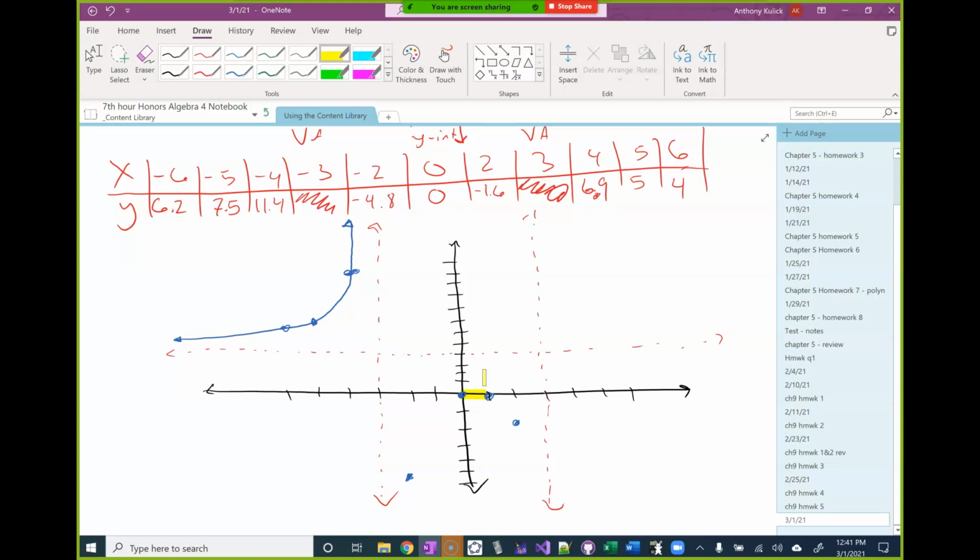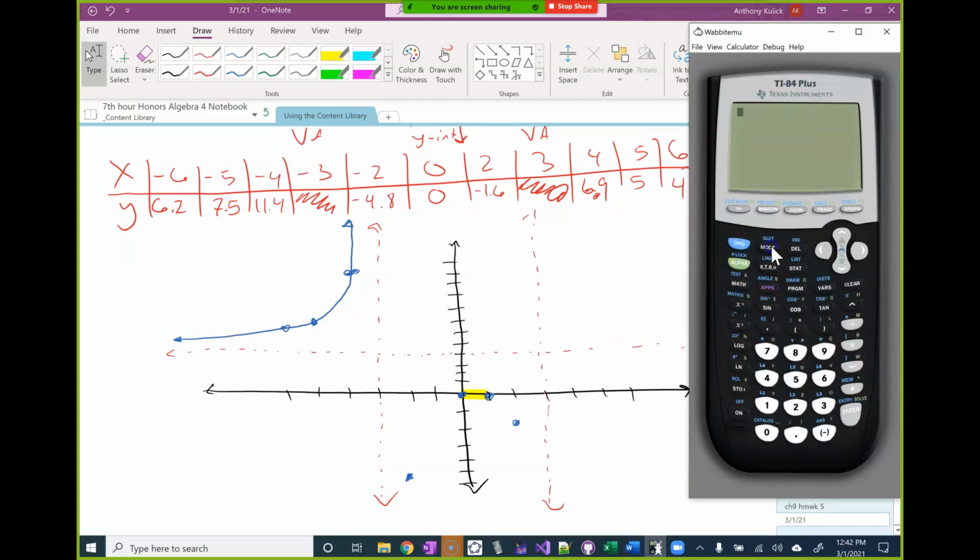Just find another point in between to know for sure, right? What's an x value between 0 and 1? 0.5. Yeah, 0.5. So let's just try that real quick. So I have 4 times 0.5 squared minus 4 times 0.5 over 0.5 squared minus 9.